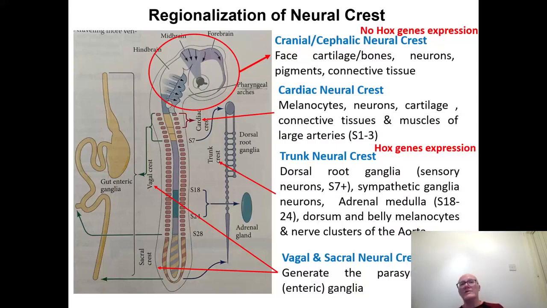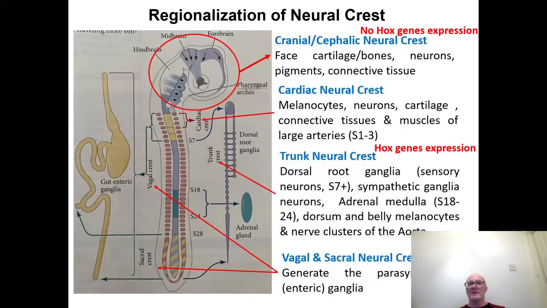From an evolutionary point of view, this is quite interesting because if you think about prehistoric fish, a lot of prehistoric fish had their head and part of their body covered by bones. So they were like armored fish. And this is because this structure was developed by neural crest cells.